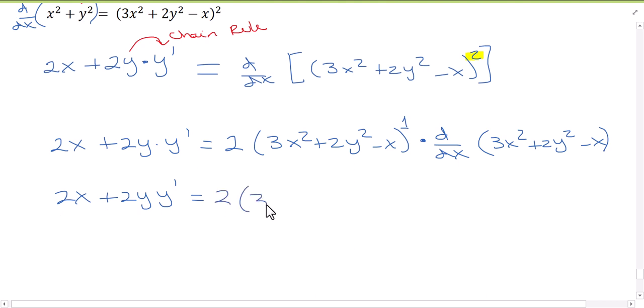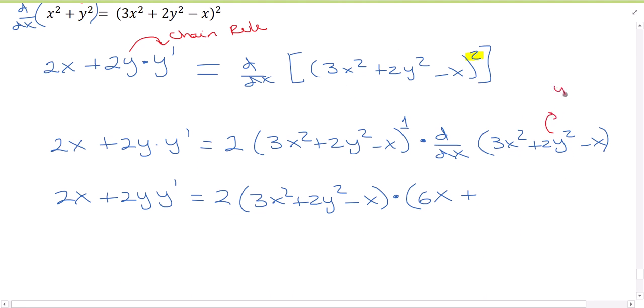So I'll have 2 times (3x squared plus 2y squared minus x) over here, times, now I take the derivative of this. The derivative with respect to x of something with an x, we just take the derivative normally. So that would be 6x. Plus, now here I have another y squared.